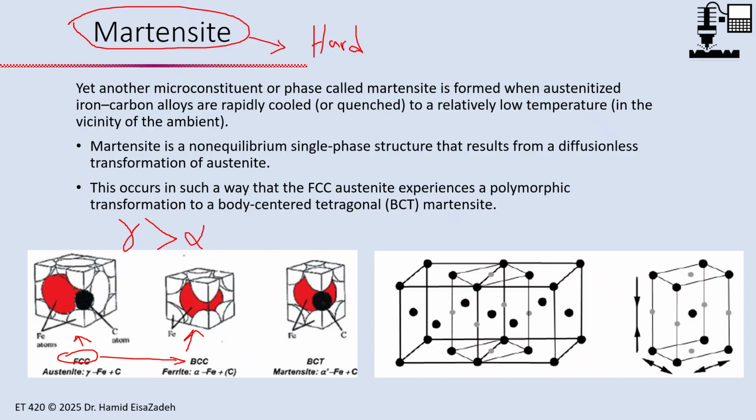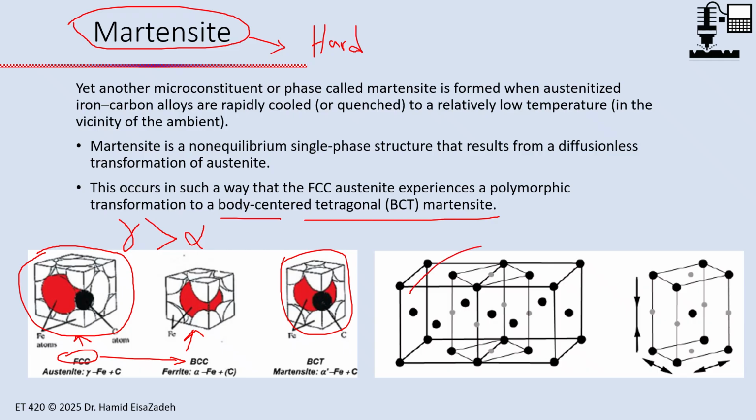If you cool it down very rapidly, or another way to say, you quench the material, you don't provide time for carbon to diffuse out, and the carbon is going to be trapped in that unit cell. When it's trapped, it stretches that unit cell, and as you see, it's not a cube anymore. It's called tetragonal: BCT, body-centered tetragonal martensite.